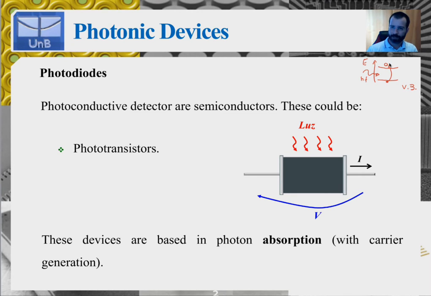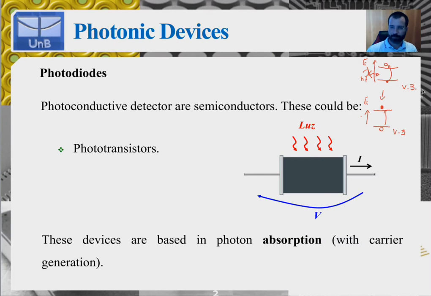It has gained energy, and the energy has been provided by the photon, which at the end of the process is annihilated. But note that at the end of this process, what you have is an empty state down here in the valence band, because the electron has moved up in energy, and an electron in the conduction band.